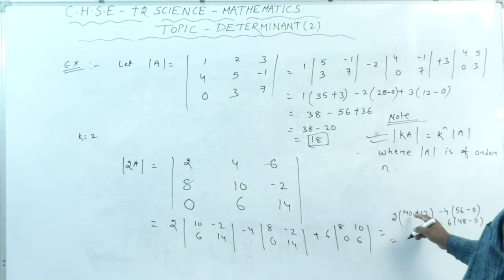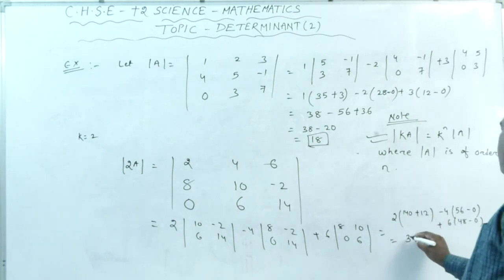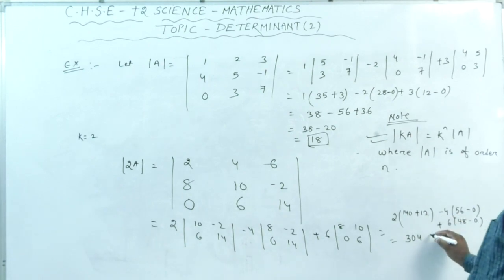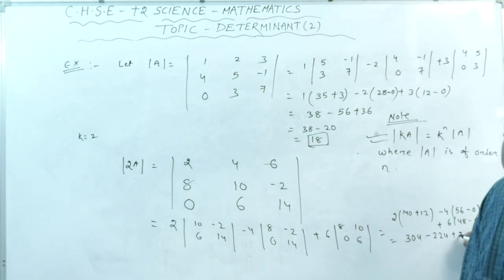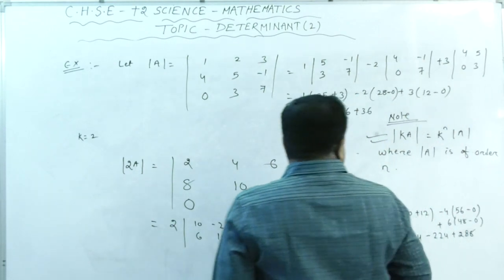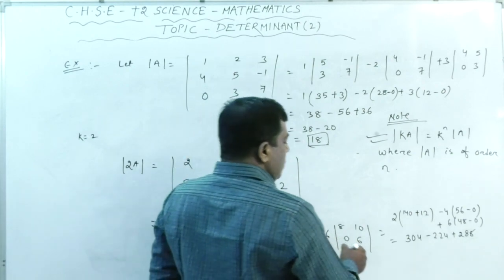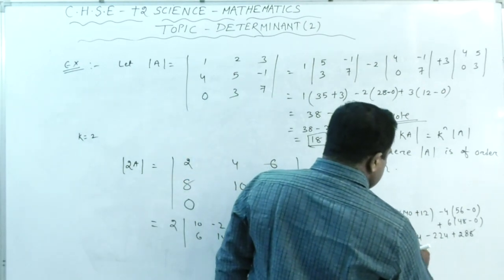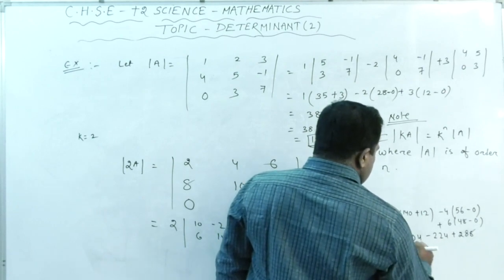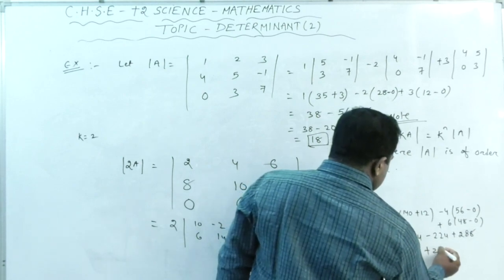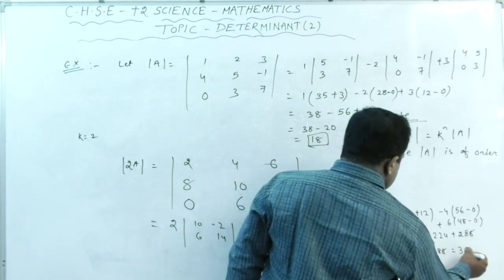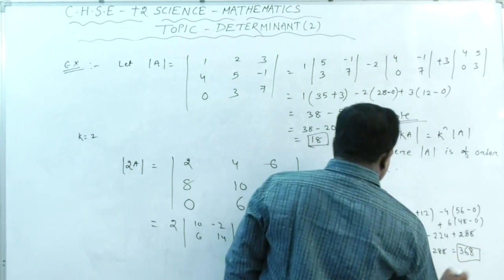So it is 152 multiplied by 2, it is 304. Then minus 224, sorry, it is 288. So you see what result we obtained. It is minus 80, sorry, it is 80, and 288, so it is 368. Now the value is 368.